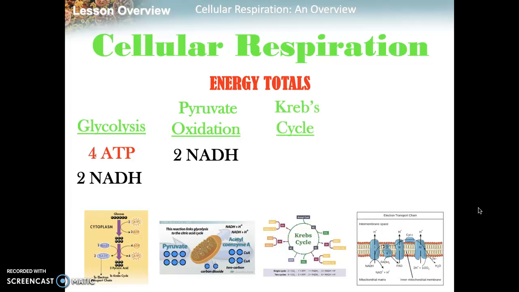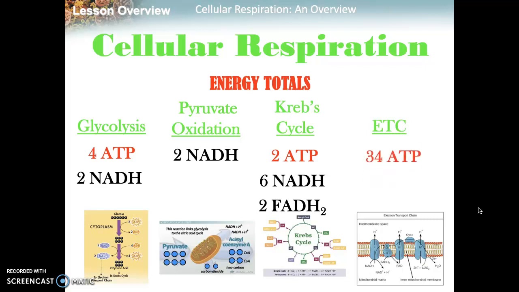In the Krebs cycle itself, we produced 2 ATP and 6 NADHs, so now we have 10 total NADH molecules, and we produced 2 FADH2 molecules. In the electron transport chain, we produce 34 ATPs.